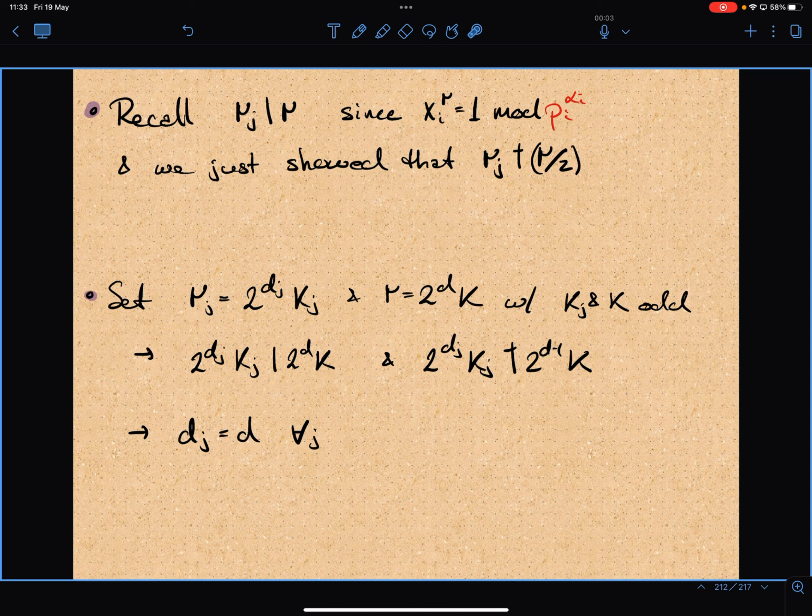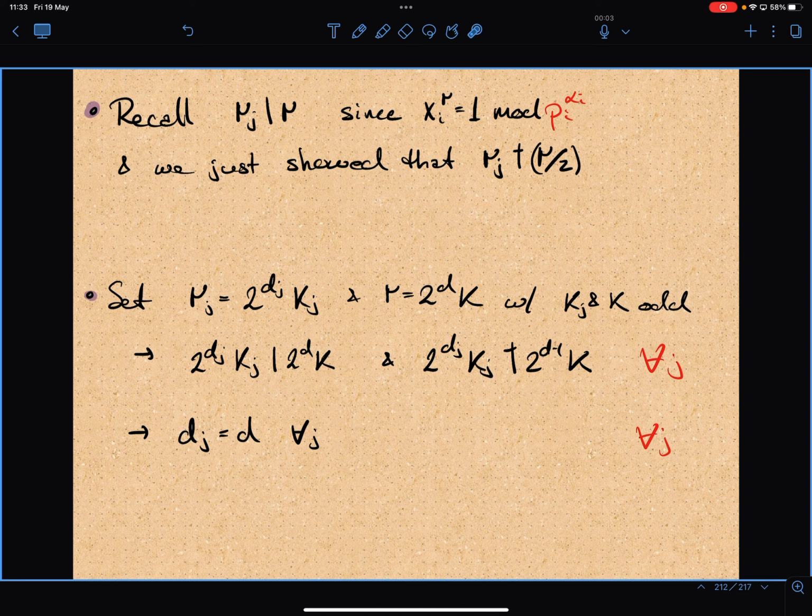And the conclusion here, if you look at these two statements, is that this is true for every j, and for every j, this number is going to divide this number, but if you remove a power of 2 from the right-hand side, then it's not going to divide it anymore. So the only conclusion you can draw here is that dj has to equal d.